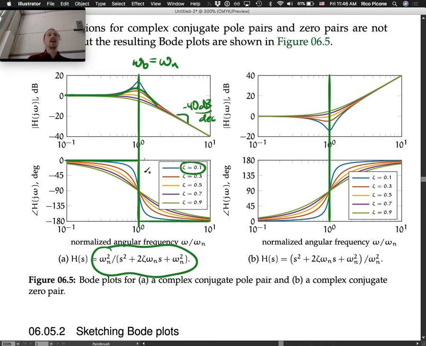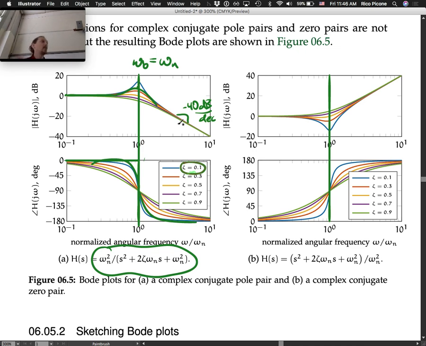If you have really high damping, this is a very bad approximation, so you have to round it a lot. Like zeta equals 0.9, you have to do a huge rounding. But zeta equals 0.1 or anything small, and it's going to be like that. So that's our straight line approximation for a second order complex conjugate pair.